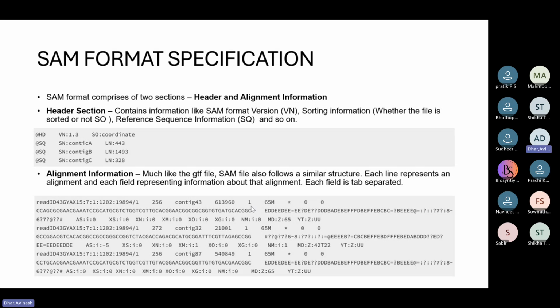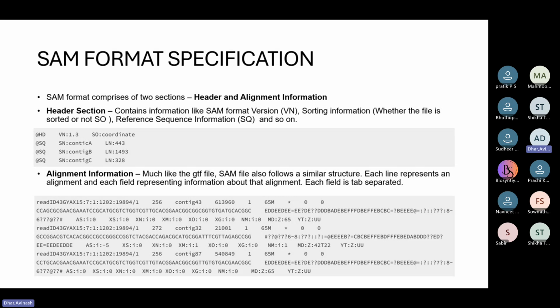The higher the value, the better the quality is. There's no standard to this mapping quality score, because different alignment tools have different ways of assigning mapping quality scores.